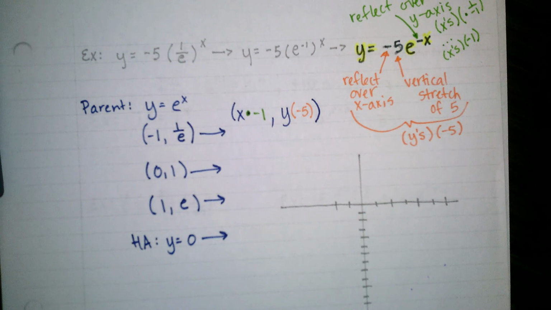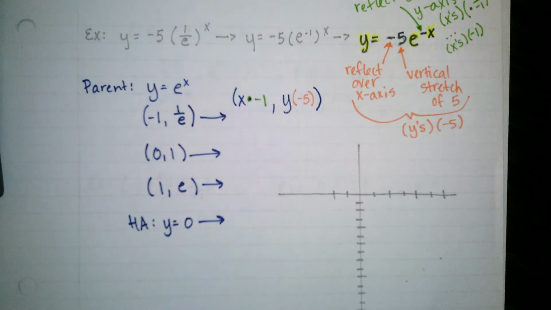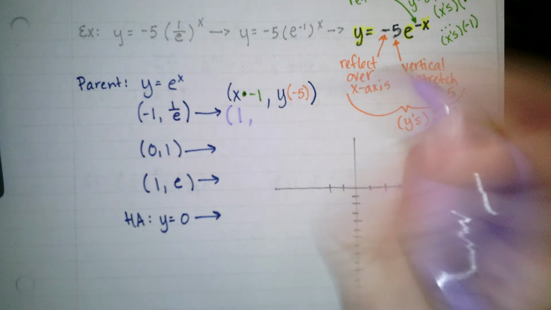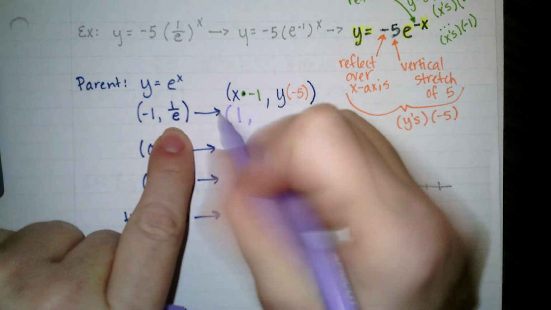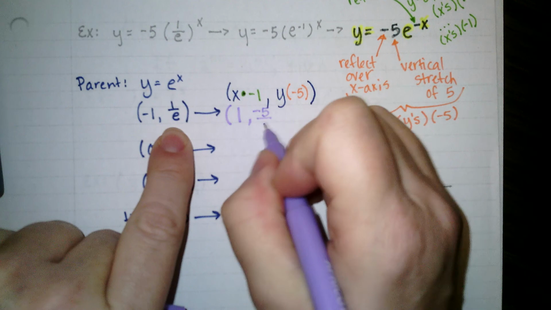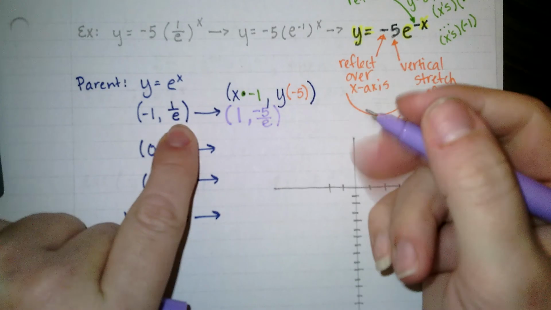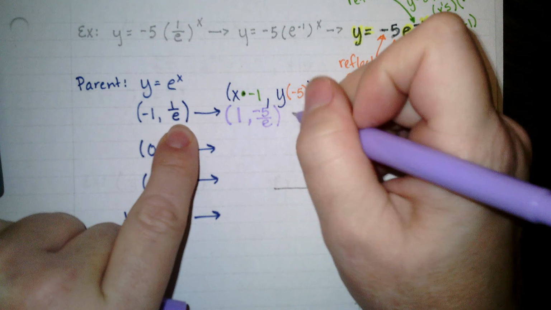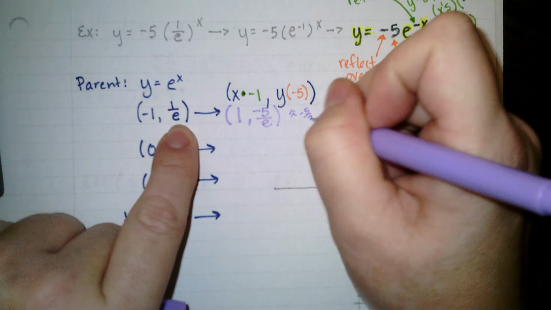All right. So we'll take our -1 times -1 will be 1. And then 1 over e times -5 would be like -5 over e. But if you remember thinking that 1 over e is about a third, when we go to graph this, we can just roughly eyeball it as -5 thirds.